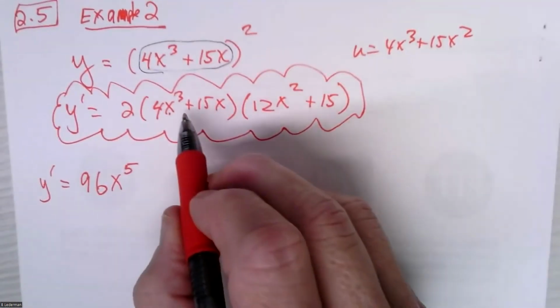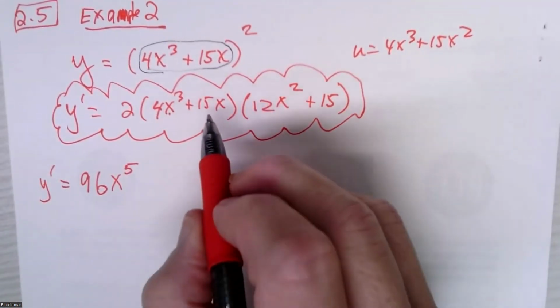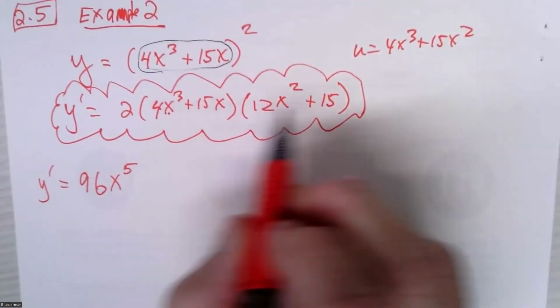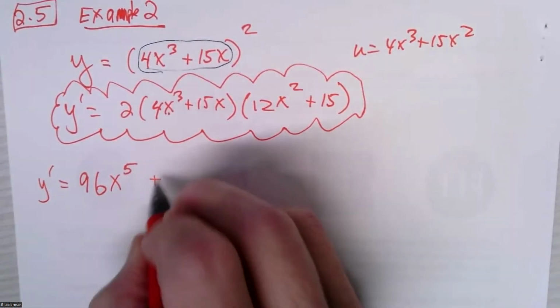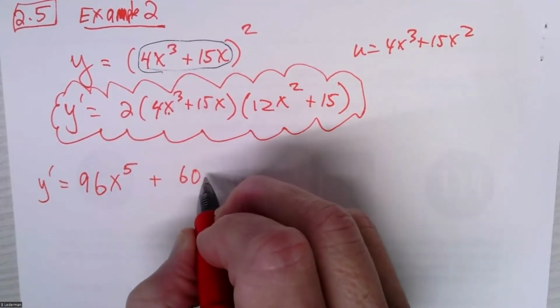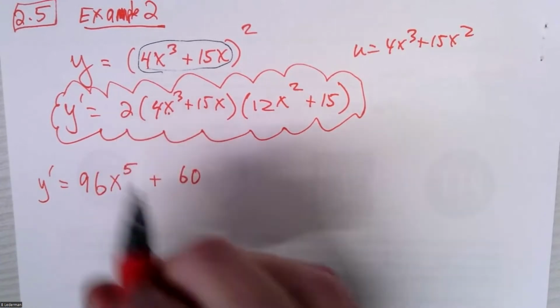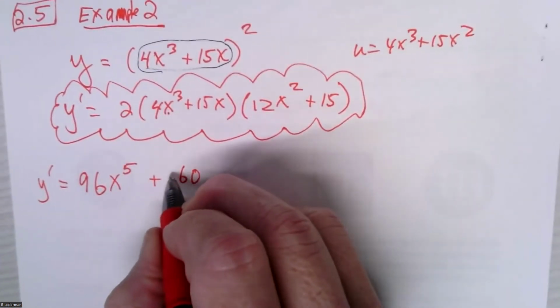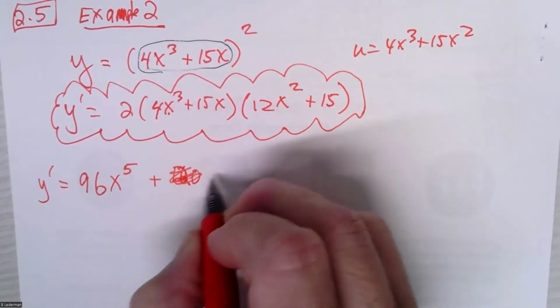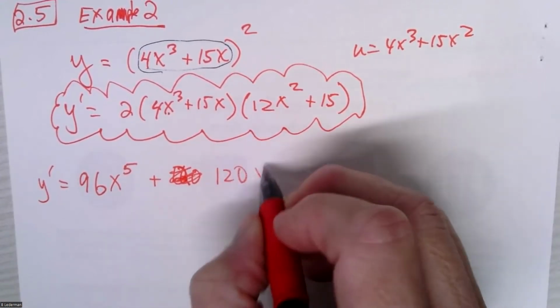Okay. Now, that's the first inner. 4x cubed times 15 is 60x to the third, times 2, so it's 120x to the third.